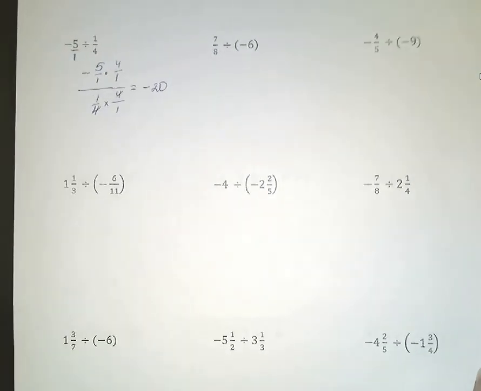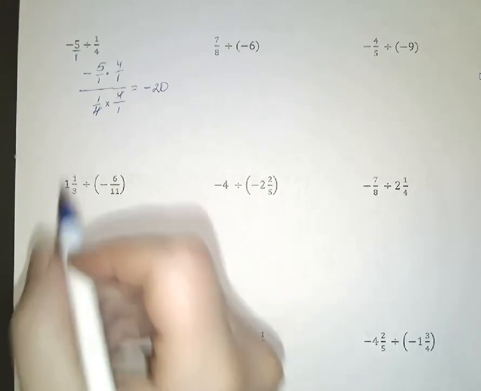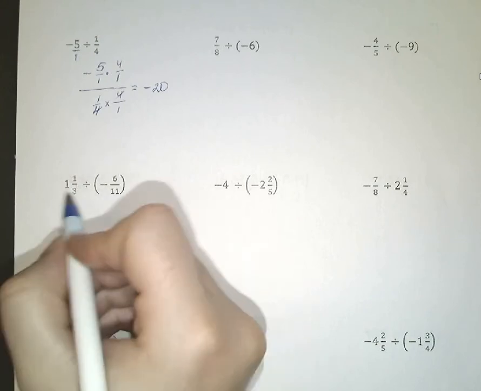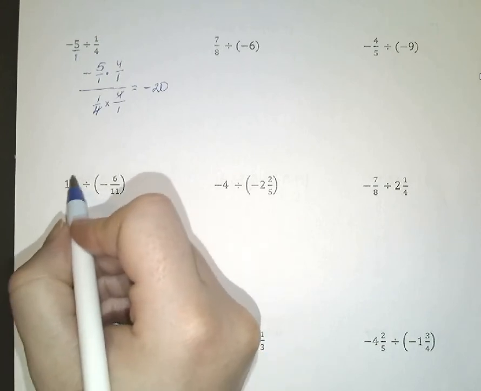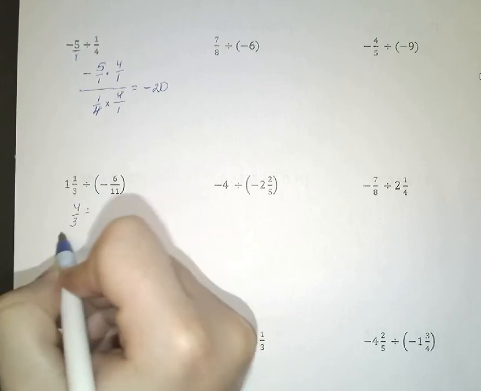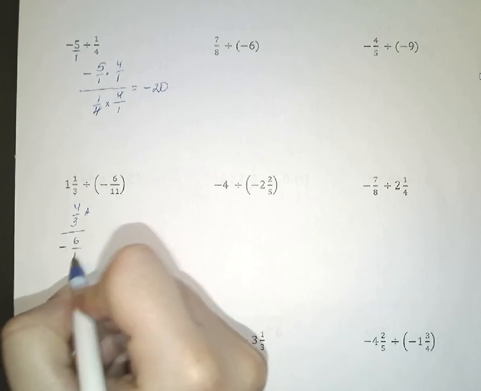Next one. 1 and 1/3 divided by negative 6/11. Make sure to change your mixed number into an improper fraction right away. 3 times 1 is 3 plus 1 is 4. 4/3 divided by negative 6/11.